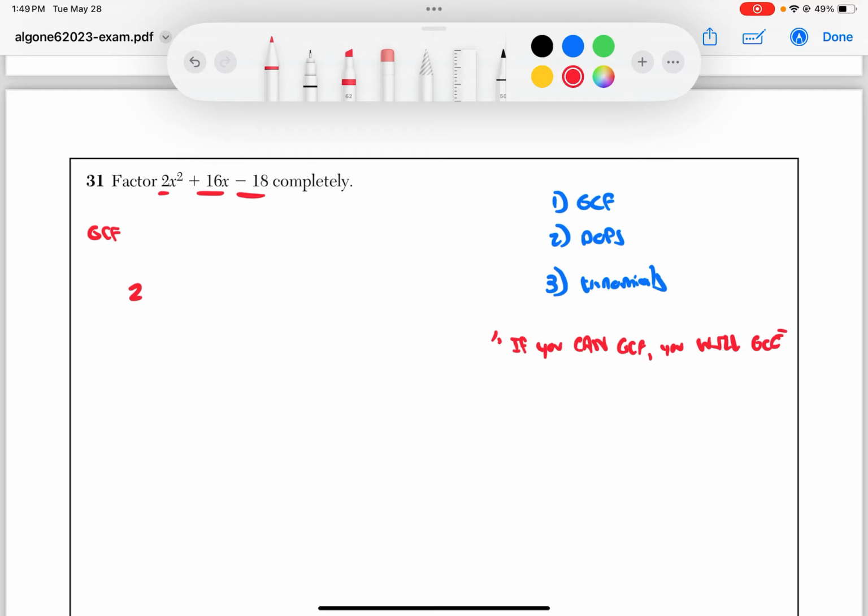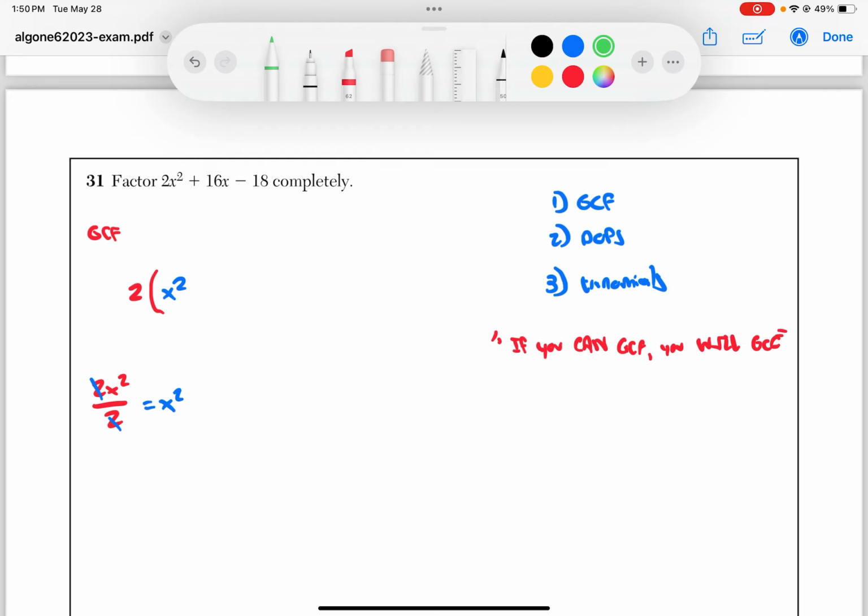because 2 goes nicely into all of those numbers. So I'm going to write out my greatest common factor. I'm going to start my parentheses. And what goes in the parentheses is every term divided by the greatest common factor. So we got 2x squared divided by 2, which those cancel out. I'm just left with x squared.